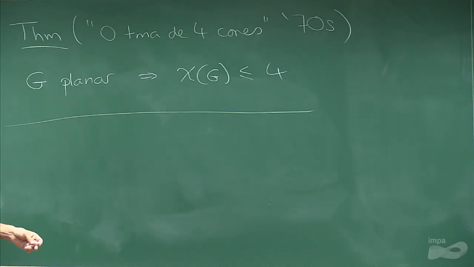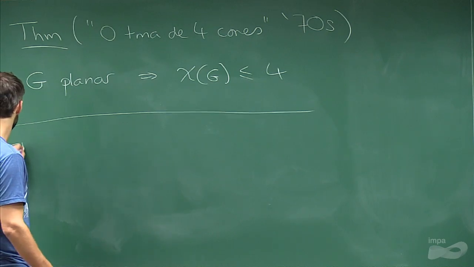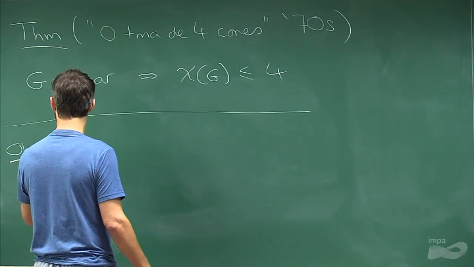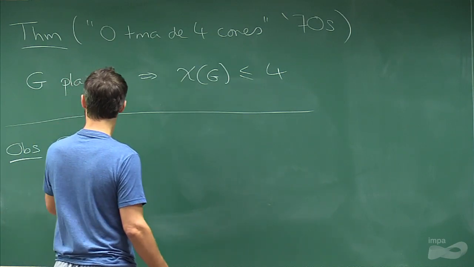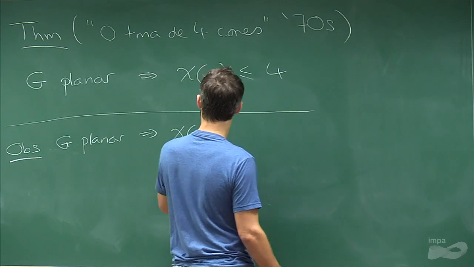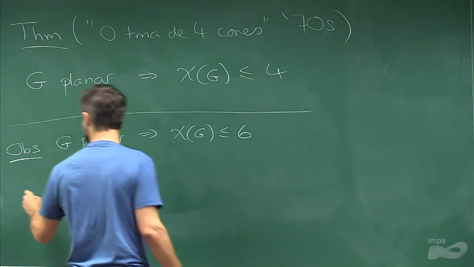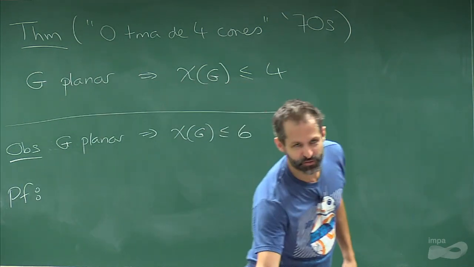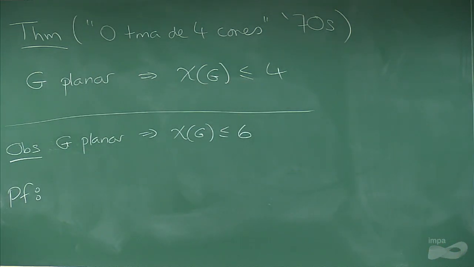Okay, so first, let's have an observation. If G is planar, then the chromatic number of G is at most 6. What's the proof of this? This was homework, right? So how do you do it?